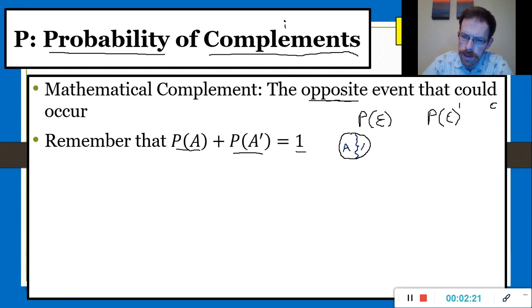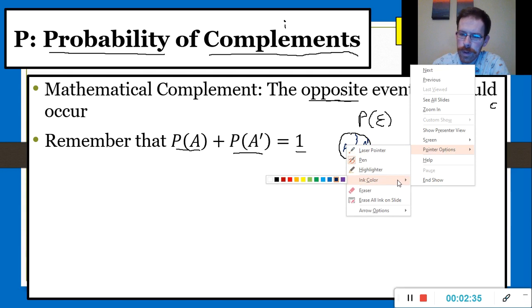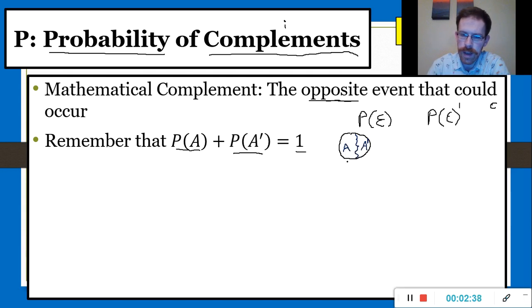Now this would have to be the complement of A, because it's what makes up everything else. You have A and you have not A. When you put those together, it makes up the whole. Just like if you break a cookie in half, well, you have a portion of the cookie, and then you have the not portion, the other portion of the cookie.